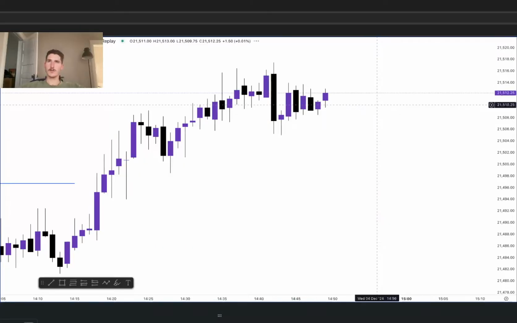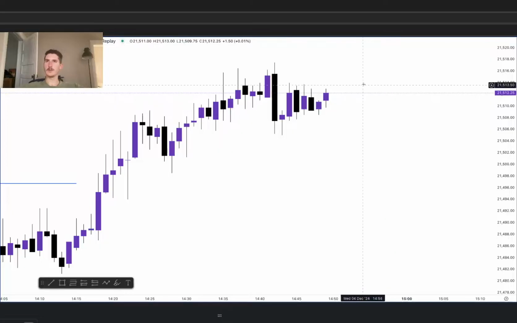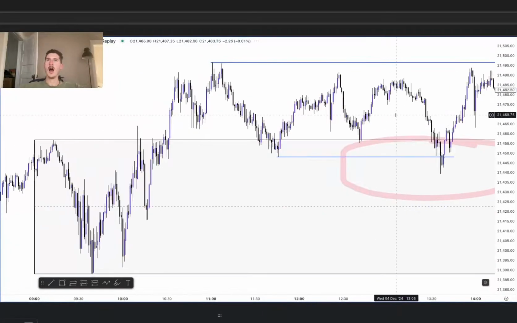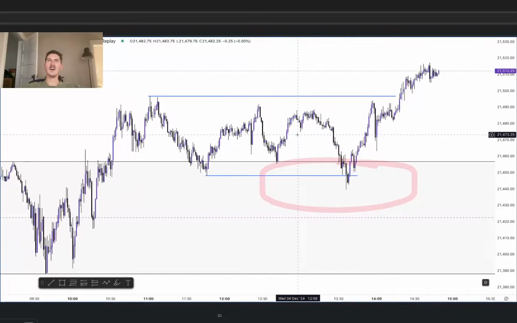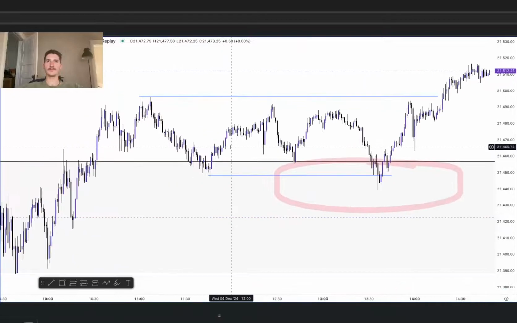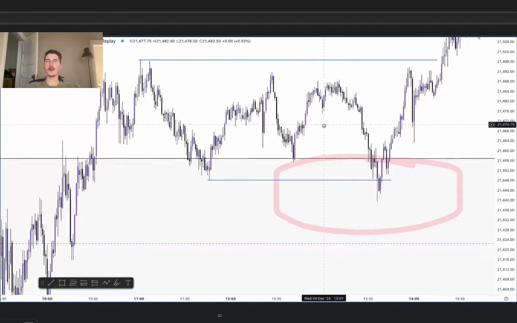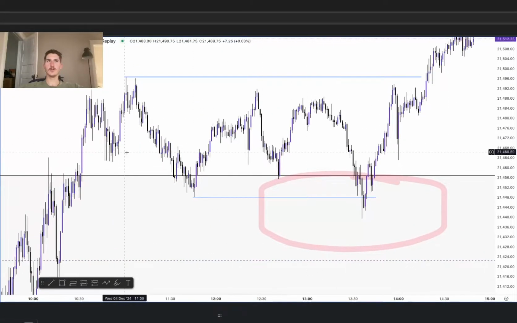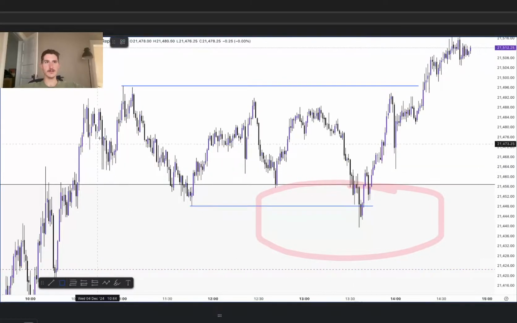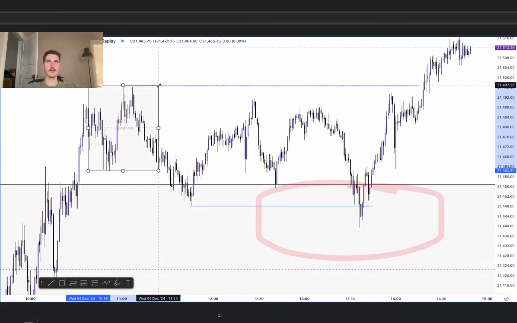So let's go to the 1 minute, see what happens. On the 1 minute, we have some funk going on. Really weird price action, but essentially there is a swing right here, which makes this a flip down right there.